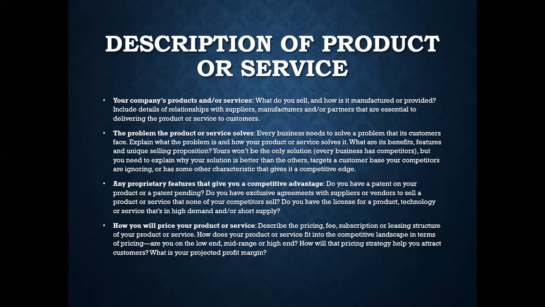You should also talk about the problem the product or service solves. Every business needs to solve a problem that customers face. Explain what the problem is and how your product or service will solve it. Also, talk about how you will price your product as well.